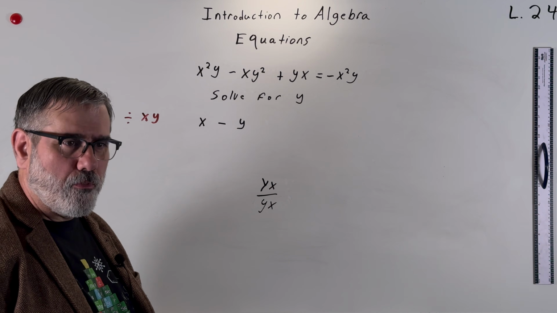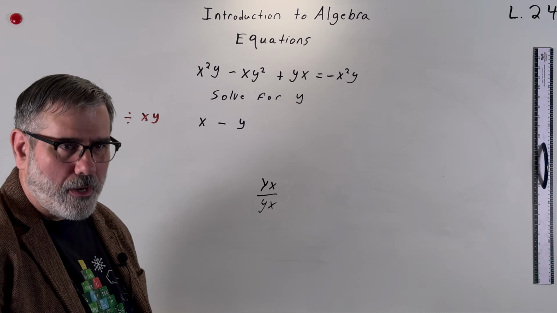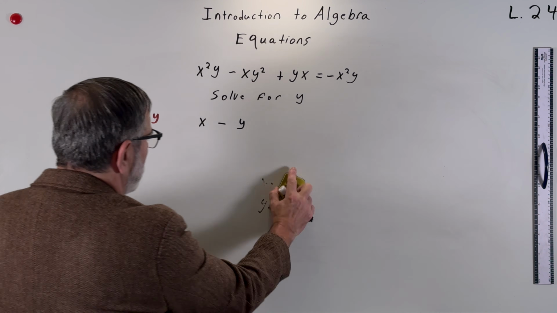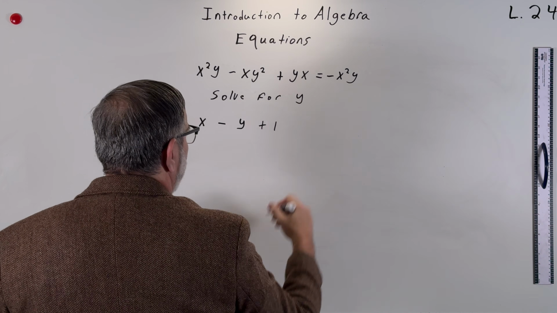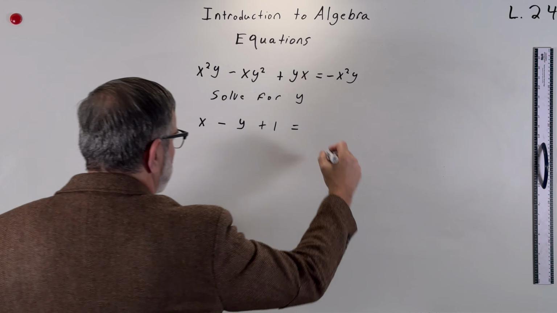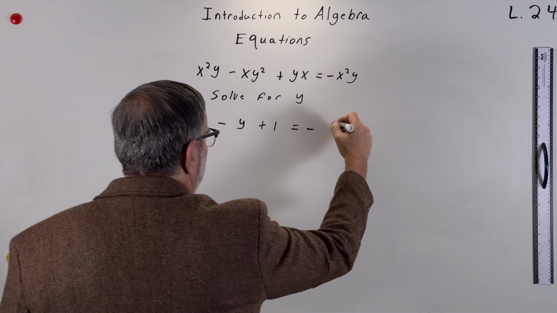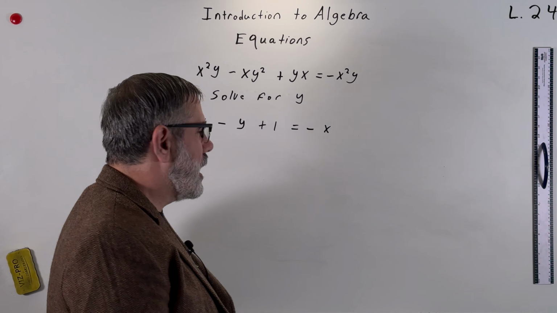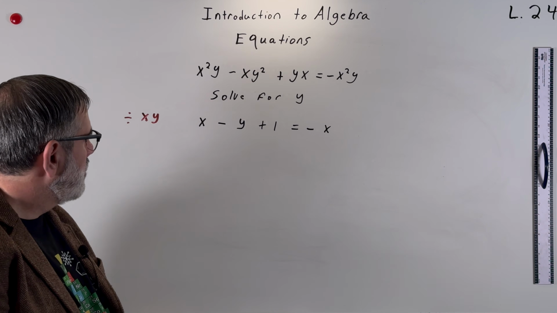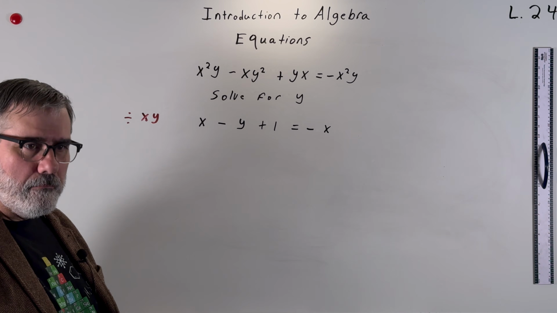Or 3 cats over 3 cats? It's 1. Exactly. So dividing yx by xy leaves me with just the term plus 1. But I got to do it on the right-hand side too. So that'll give me a negative x, and that's all that's left, because x squared y divided by xy is just x.